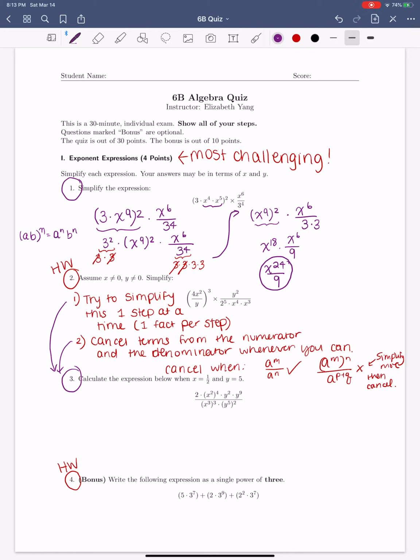Okay, so first, I'm going to start off with 2, and I'm going to deal with this simplification first. I get x to the 8th. And actually, I'll just do the whole numerator at the same time. Actually, no, I'll hold on to it.